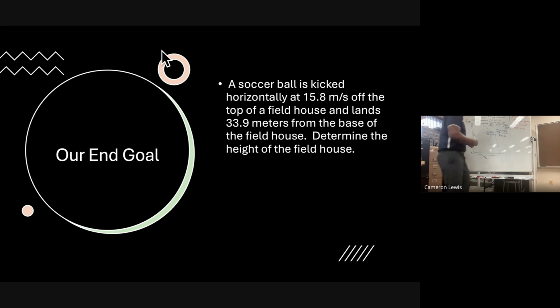Now, can I take this time and plug it in over here? So let's do that. Because if it hits the ground over here at this time and it's this far away, it's going to be the same time over here. And now I'm going to put that 2.1 over here.